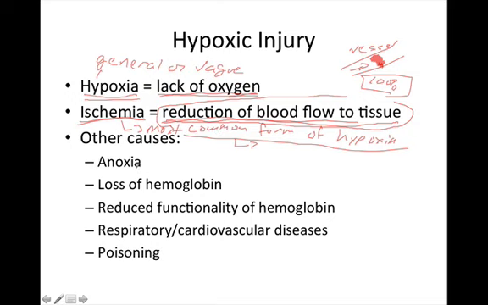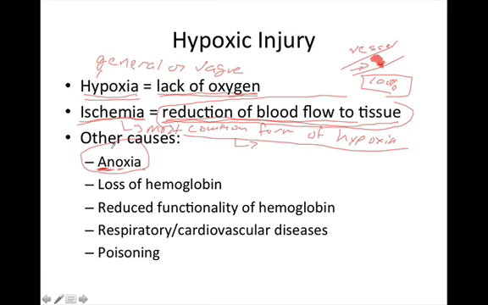Other forms of hypoxic injury could be from anoxia, an overall lack of oxygen. Remember, whenever you see the letter A in front of a word, that means without. The reason why it's an here is that in medical terminology, you don't take a prefix and a word root that both begin with vowels and put them together.